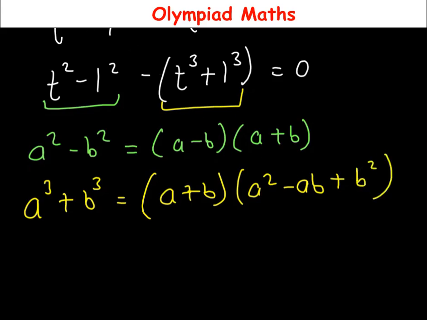Now in this case, the value of a is t, while the value of b is equal to 1. So for the first one, which is t squared minus 1 squared, let us then expand it, making use of a squared minus b squared.